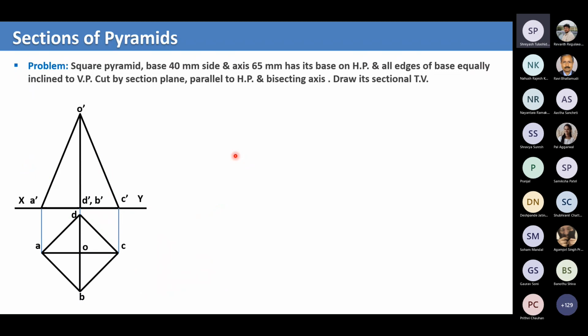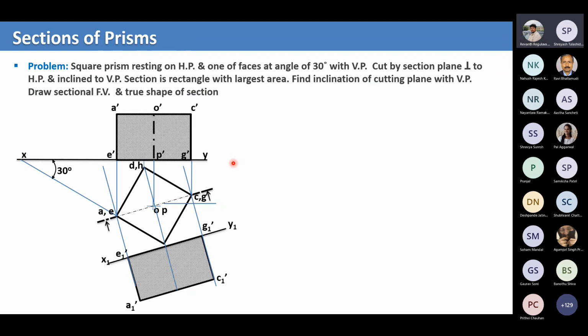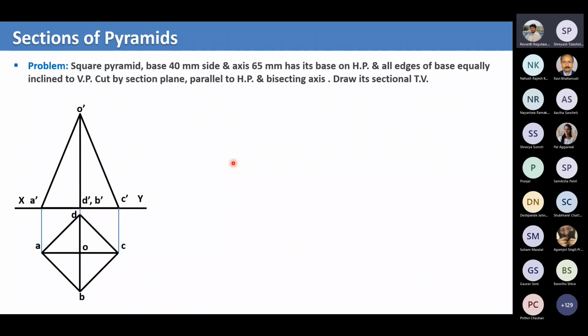Okay. So till now we have seen rectangular prisms. Now let us go to pyramids. We have a square pyramid. The base is of 40 side and the axis is 65, that means the height is 65 and the base is 40.